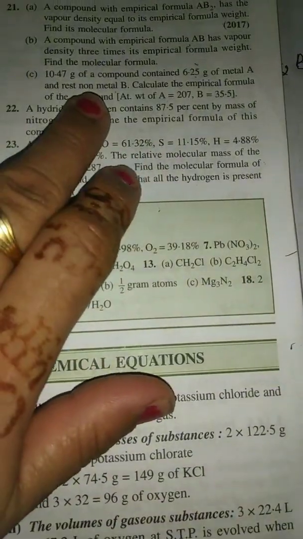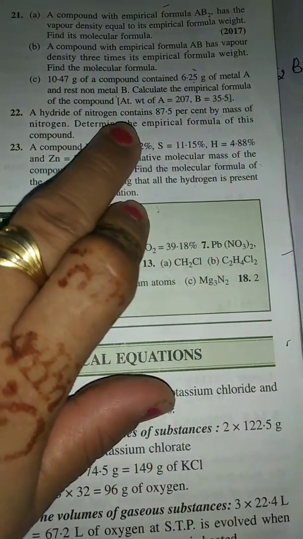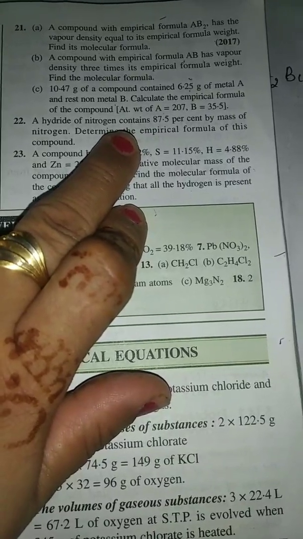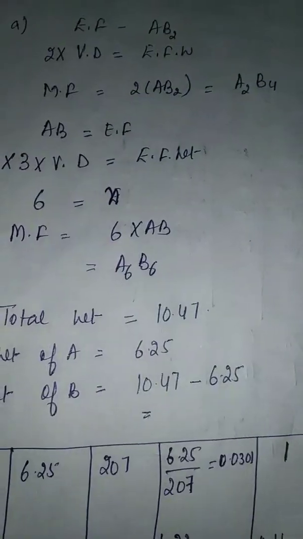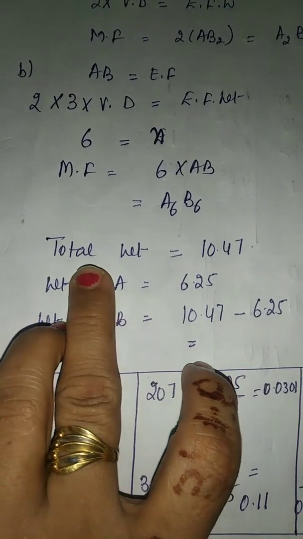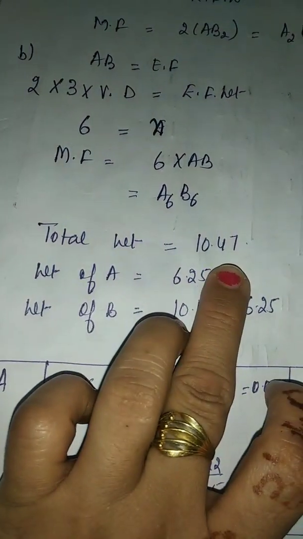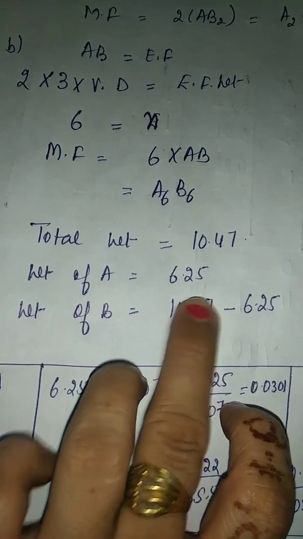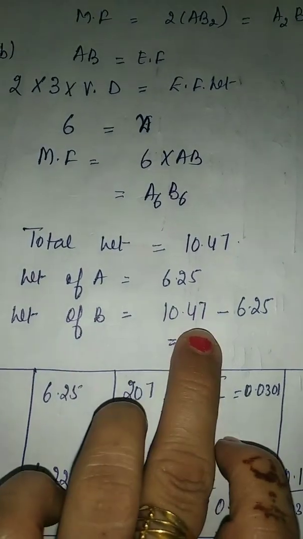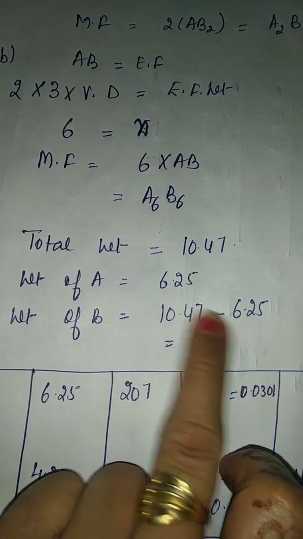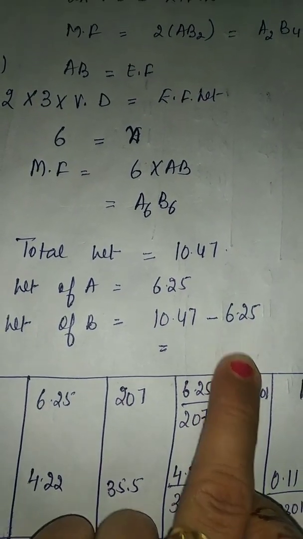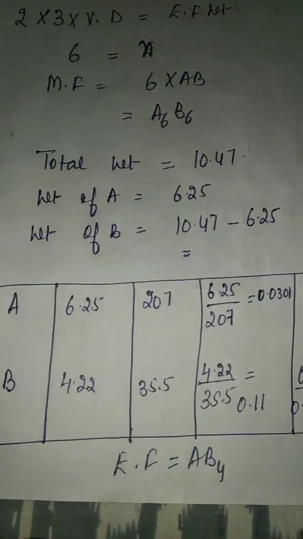C part of this question. 10.47 grams of a compound contains 6.25 grams of metal A and rest is B. Find out the empirical formula. Now listen, total weight is given to us, that is 10.47, and weight of A is 6.25. Therefore weight of B will be equal to total weight minus the weight of A, 10.47 minus 6.25, that is equal to 4.22.